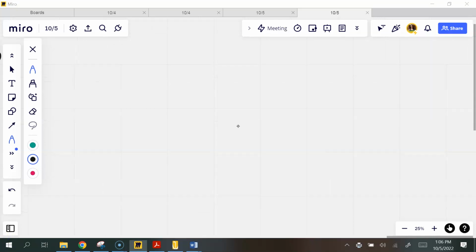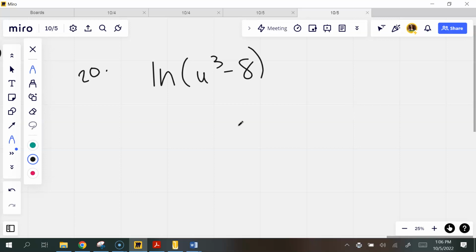Number 20. Natural log of u cubed minus 8. All right, so this is an expand, and since there's nothing that I can expand, I need to see if I can factor it at all.